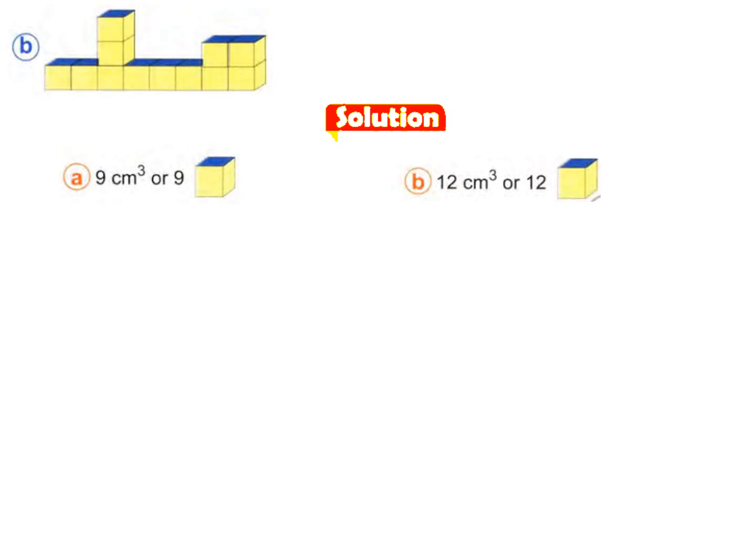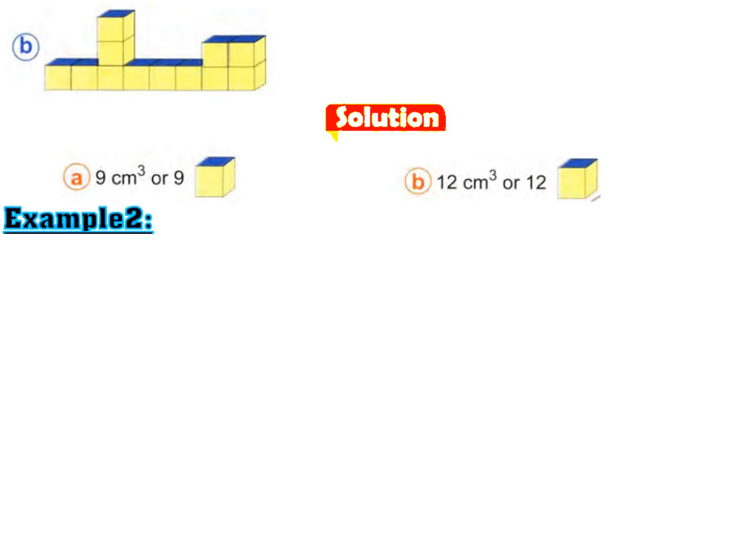As he told me, one unit cube equals one centimeter cube. So the first solid's volume equals 9 centimeter cube or 9 unit cube. Letter B, 12 centimeter cube or 12 unit cube.